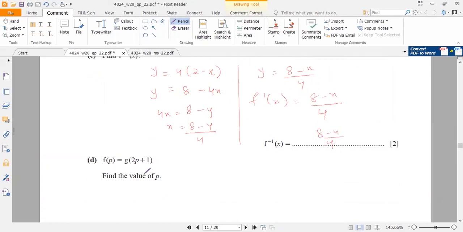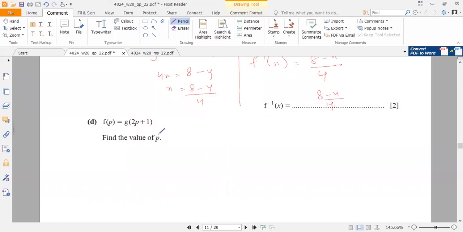Now in part D, f(p) is equal to g(2p + 1). So it means that we need to put p in the function of f and 2p + 1 in the function of g. So 4(2 - p) is equal to (7 - 3(2p + 1)) upon 5.